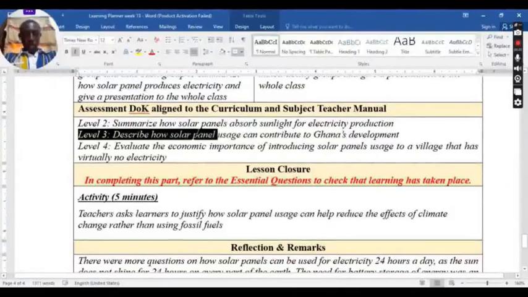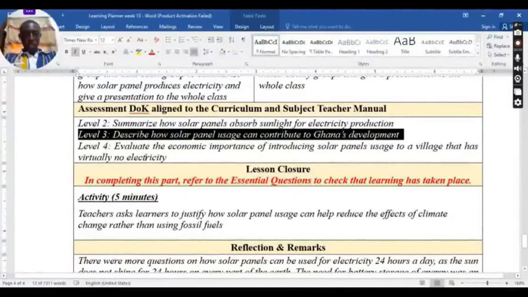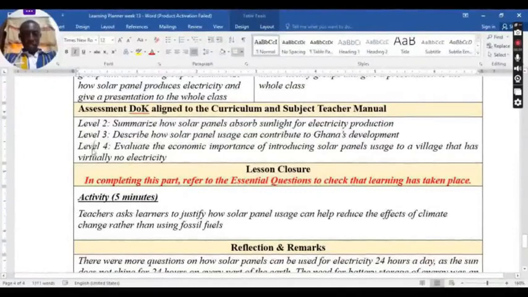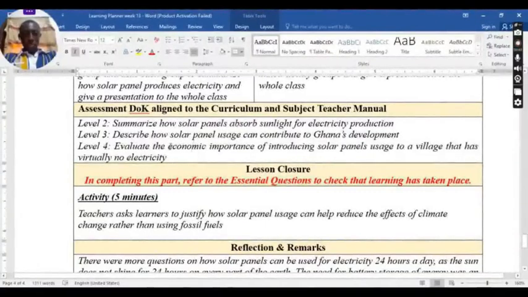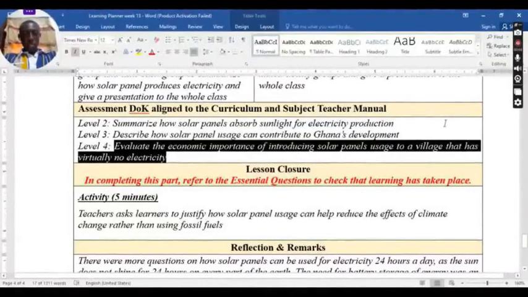Level 3, describe how solar panel usage can contribute to Ghana's development. Level 4, which is an extended thinking application. Extended thinking outside the box. Evaluate the economic importance of introducing solar panels usage into a village that has virtually no electricity.